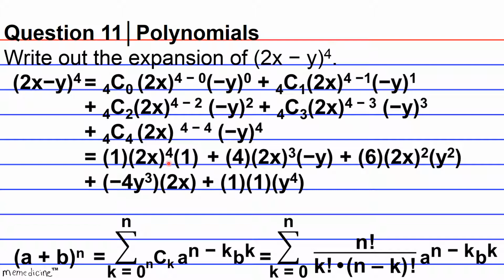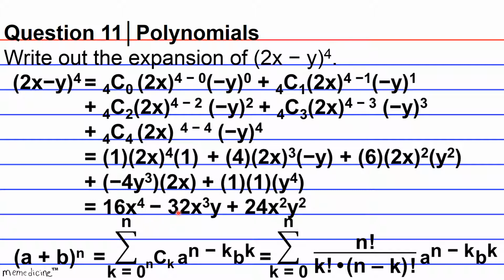So now we can go ahead and further simplify by multiplying like numbers. And the first term is going to be 16x to the 4th, because you have 1 times 2x to the 4th. When you distribute the 4 exponent to 2, 2 times 2 times 2 times 2 is 16. x to the 4th is x to the 4th, so that makes sense.